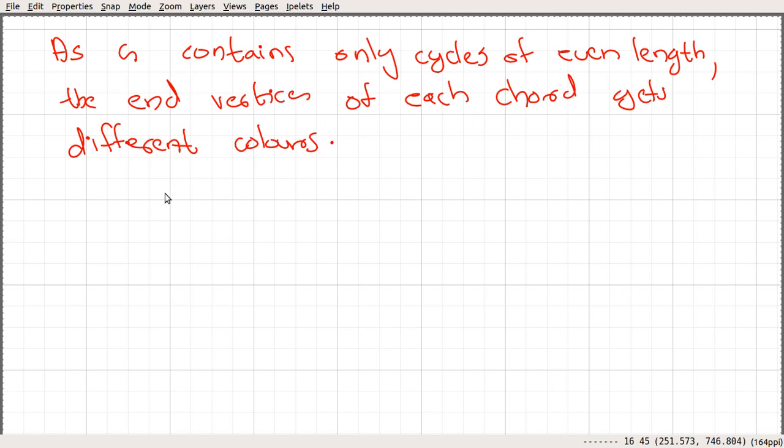And thus G is colored with two colors and has a two coloring, and then it is two chromatic.